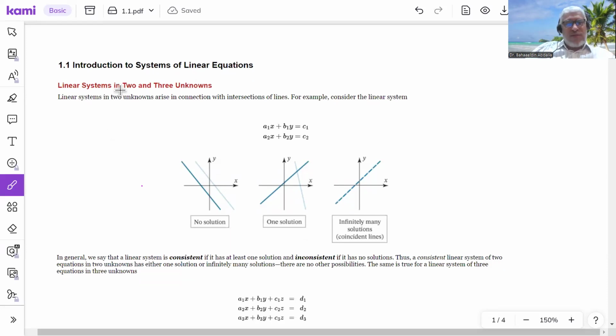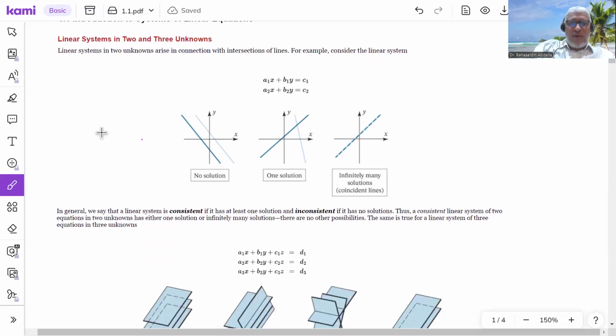Whether we have linear systems in two unknowns or three unknowns. In two unknowns, like here, x and y are the variables. So the graph would be a straight line for each equation. So the two lines either parallel or intersect, or they represent one line.